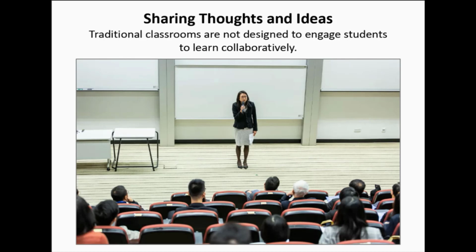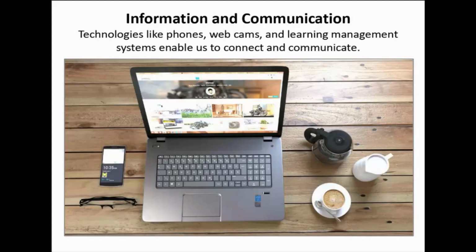As you know, a traditional classroom really, even though you can share ideas and thoughts, at least the instructor does, and sometimes they have ways for students to also engage, but really to learn collaboratively doesn't often happen in a traditional classroom. So we have all kinds of technologies. Today we'll be focusing basically on digital type technologies. We have all kinds of abilities to connect and communicate.